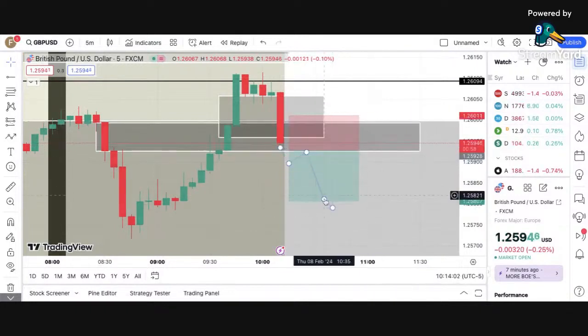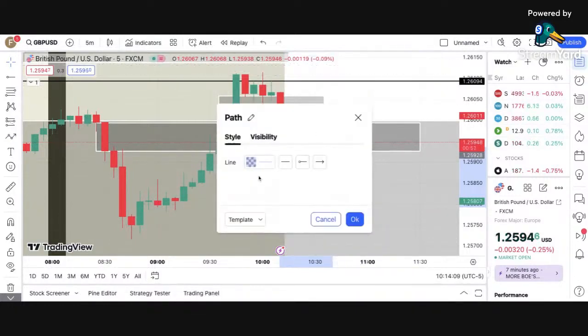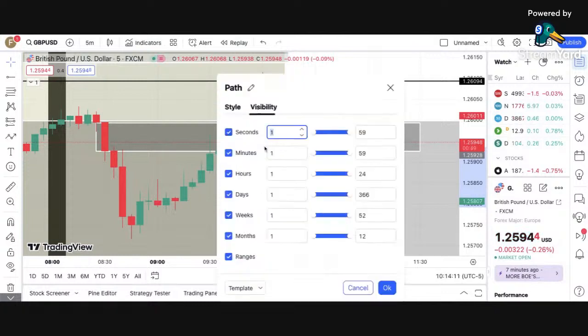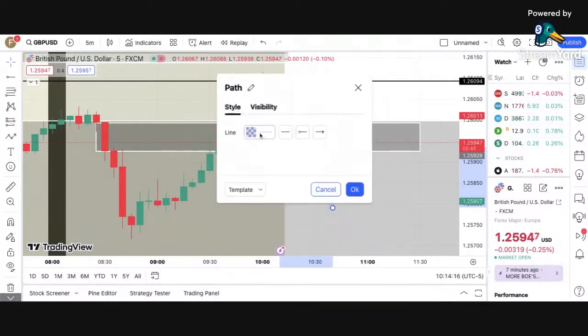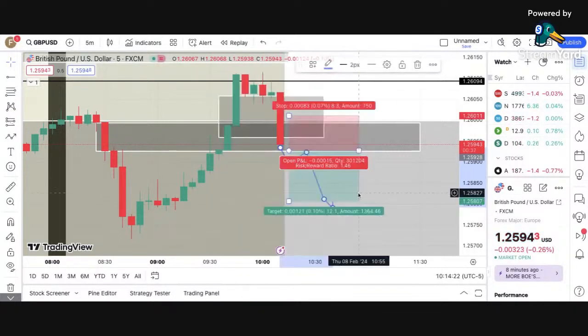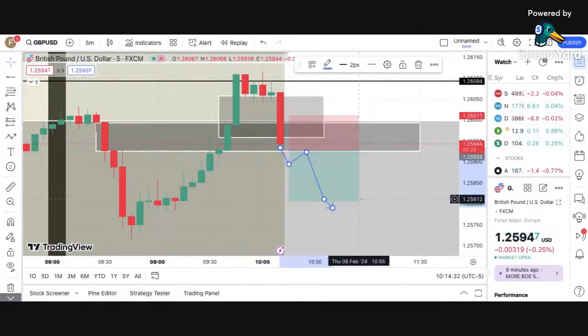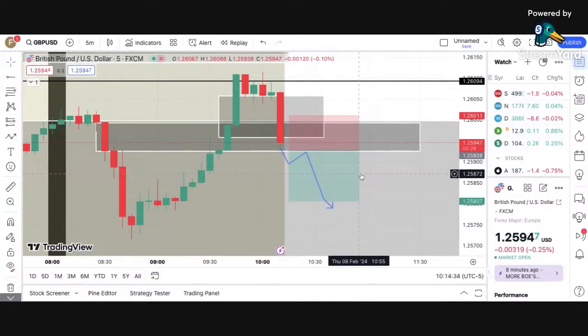Let me darken this up so y'all can see. I would need to see this come down. I don't care if it come down like this, but I need to see a retest up in here and then work its way down. That's what I would need to see.